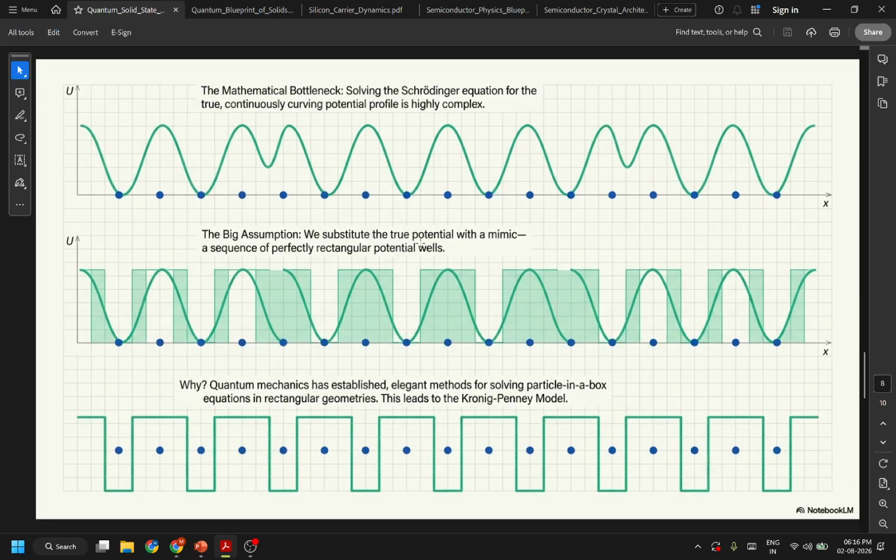So we are substituting the true potential with a mimic, a sequence of rectangular potential wells. We are doing this because we have already established methods for solving particle in a box equations in rectangular geometries. So this assumption leads to the Kronig-Penney model.